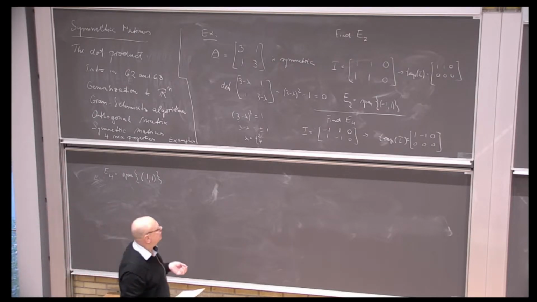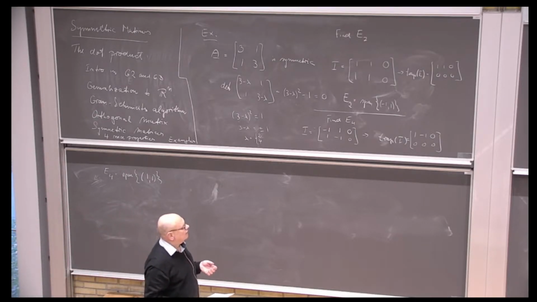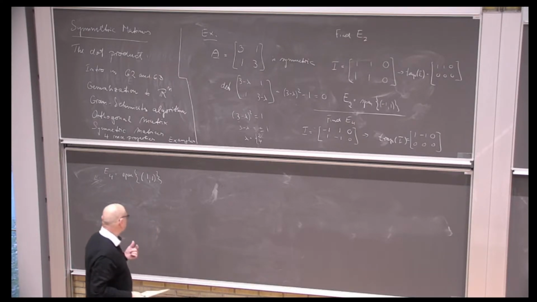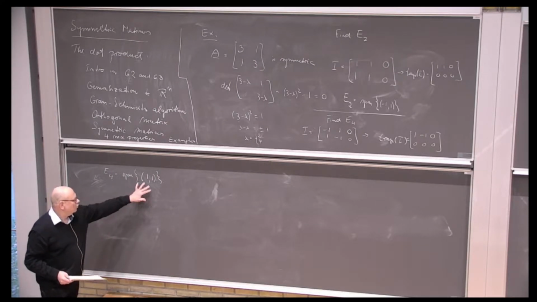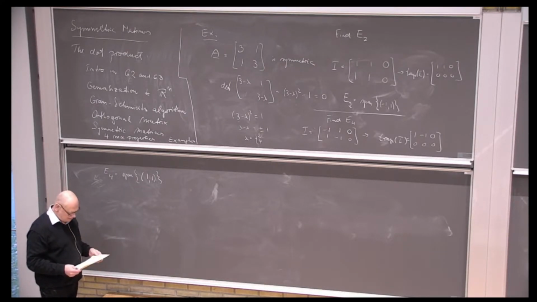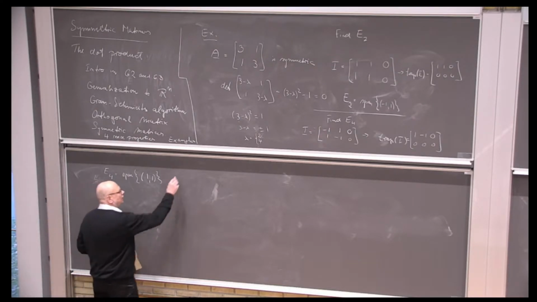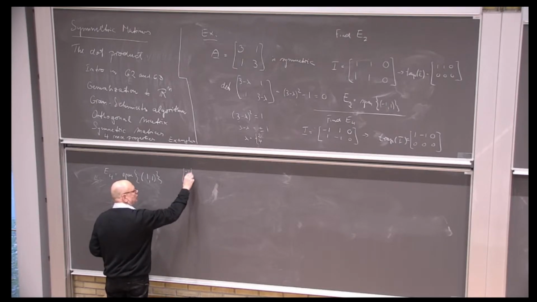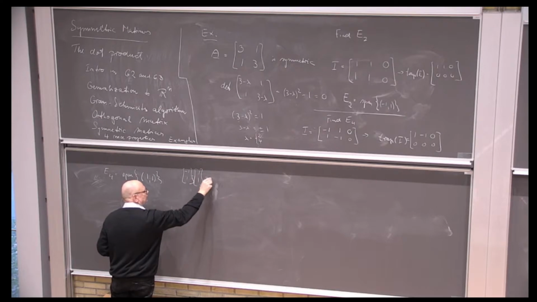You have minus 1 and 1, and you have 1, 1, and they are orthogonal, as they should be. I could write it minus 1 times 1, 1 is equal to 0.